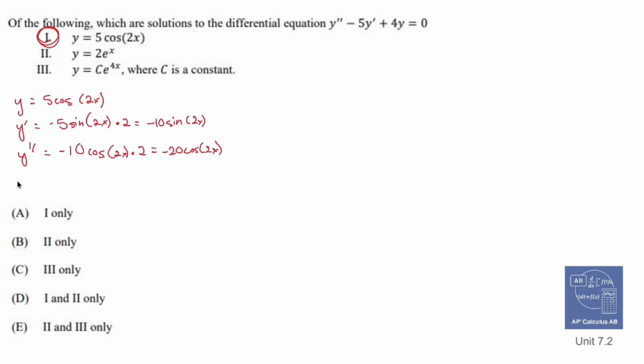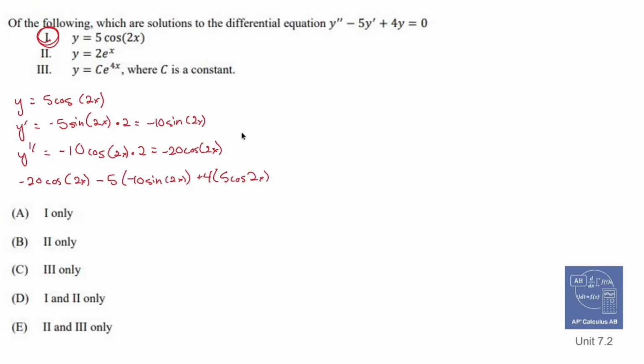Y double prime is negative 20 cosine 2x, minus 5 times y prime, which is negative 10 sine 2x, plus 4 times y, which is 5 cos 2x.